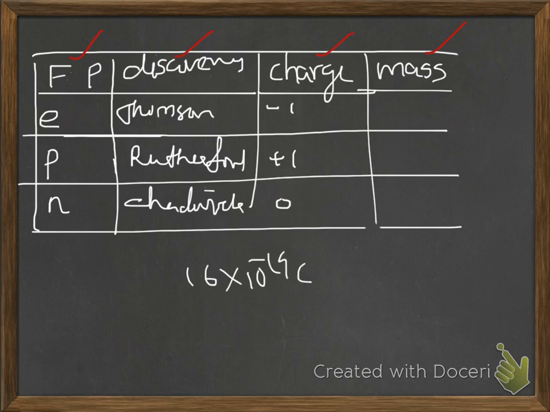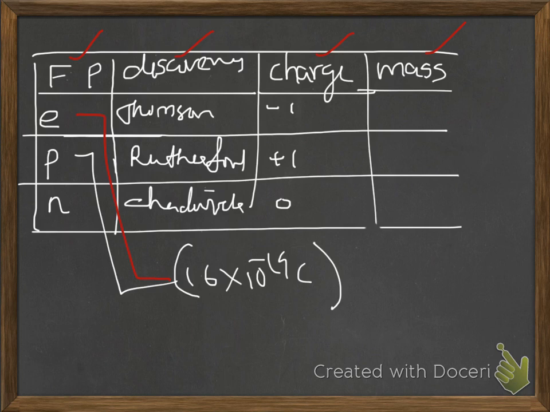So electron possesses a charge of minus 1.6 into 10 raised to minus 19 coulomb, while proton possesses a charge of plus 1.6 into 10 raised to minus 19 coulomb. So it is the fundamental value of unit charge. And we are telling that electron possesses unit negative charge and proton possesses unit positive charge, while neutron is chargeless.